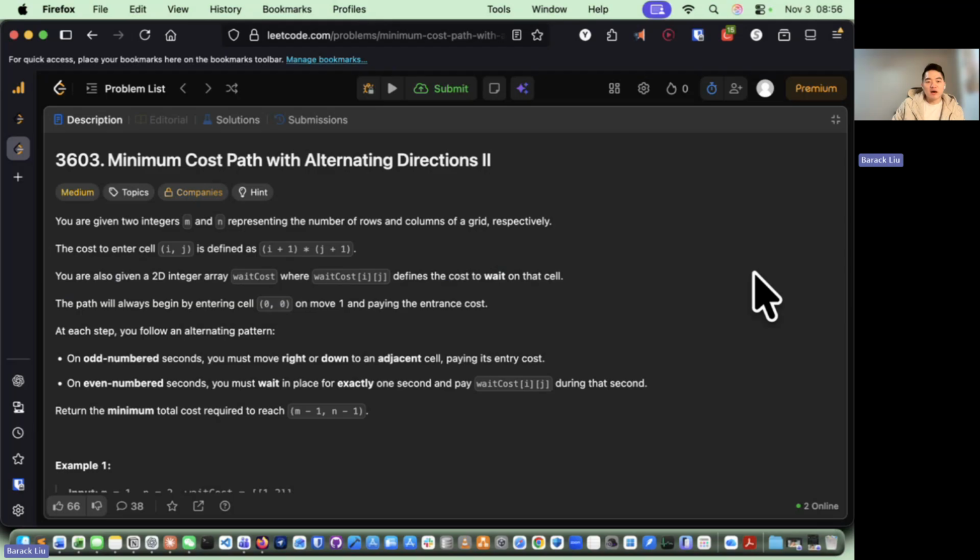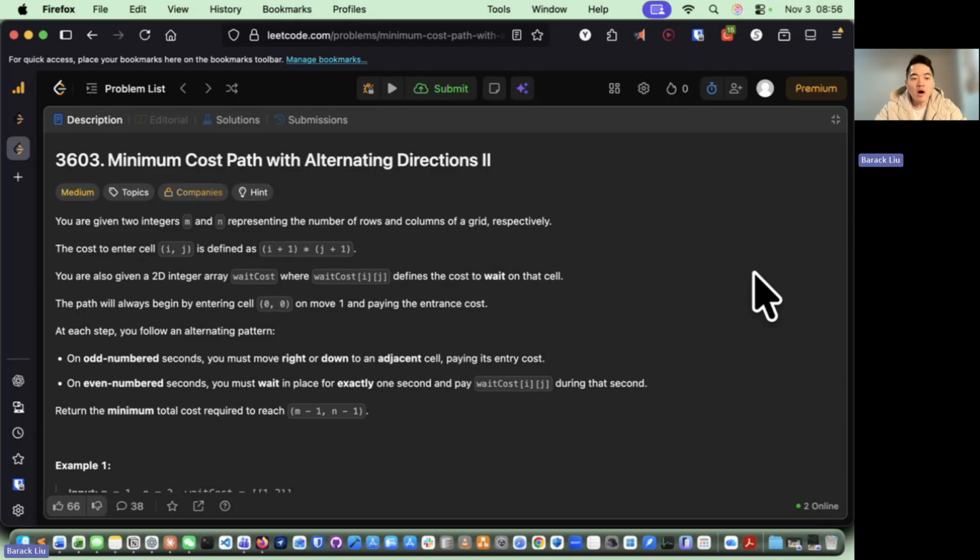The cost to enter cell (i, j) is defined as (i + 1) multiplied by (j + 1). You are also given a 2D integer array, waitCost, where waitCost[i][j] defines the cost to wait on that cell.